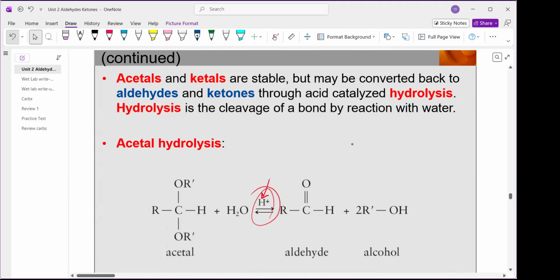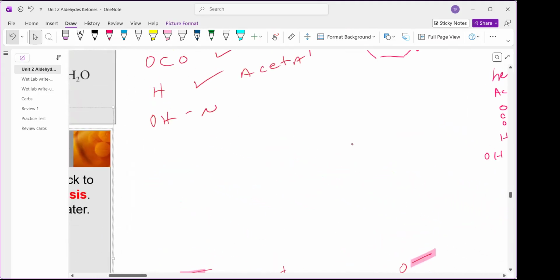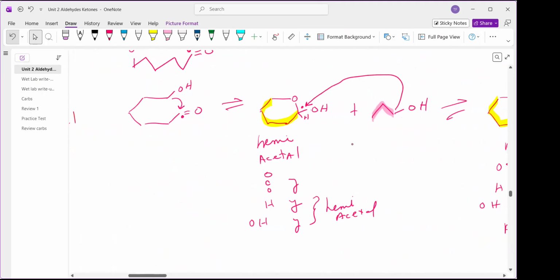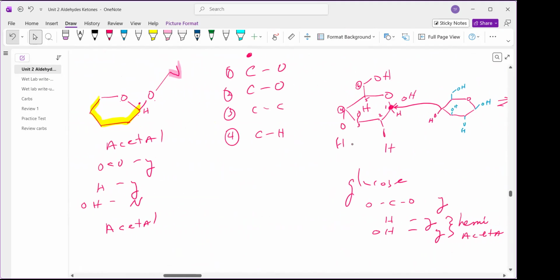Okay, and again, this is a two-way deal. So the acetal can be converted back to the aldehyde. And that's how glucose opens up.